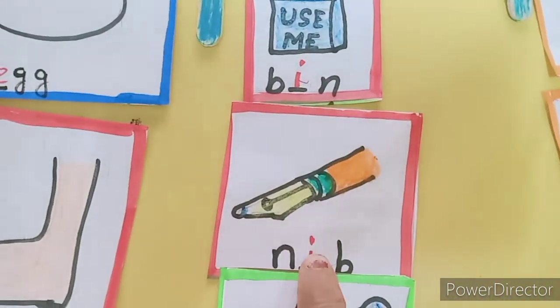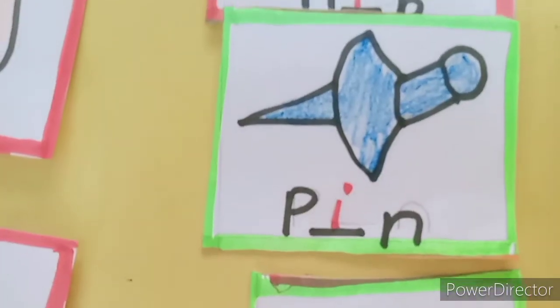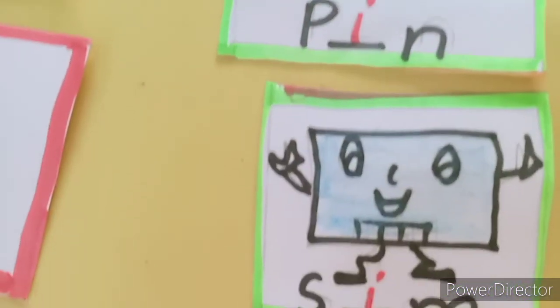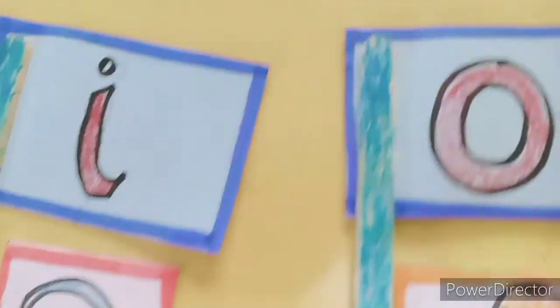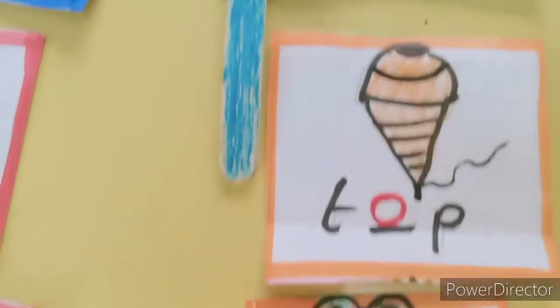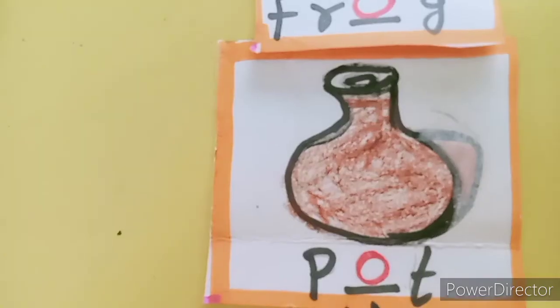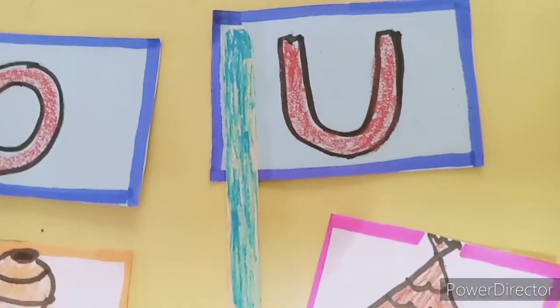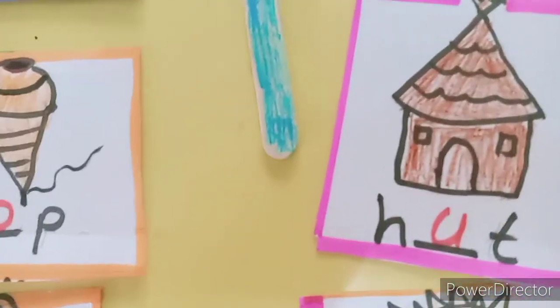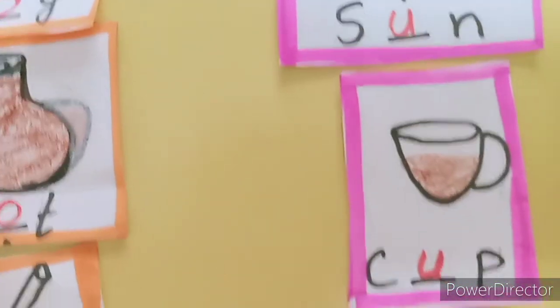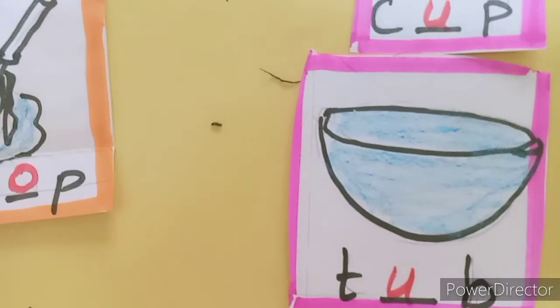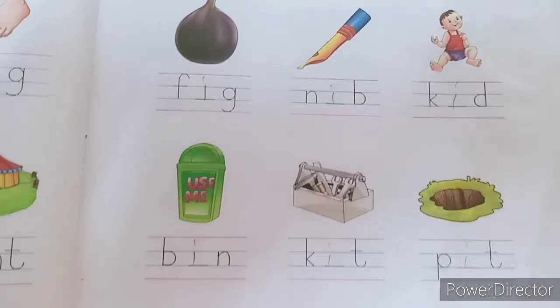B-I-N, bin. N-I-B, nib. P-I-N, pin. T-O-P, top. F-R-O-G, frog. P-O-T, pot. Now U sound words. H-U-T, hut. Sun. C-U-P, cup. Tub.